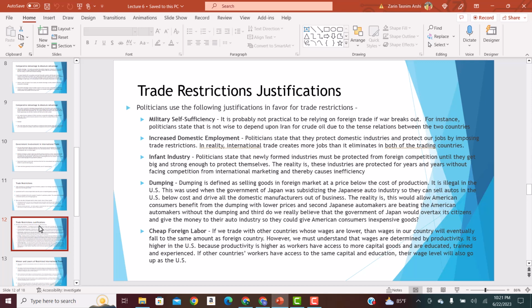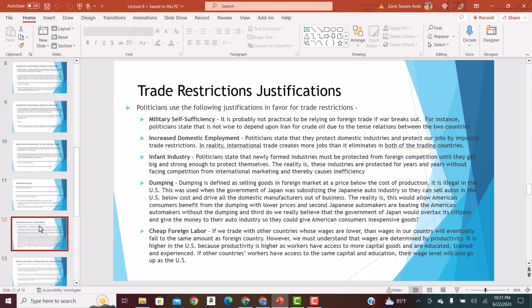The fourth reason for trade restriction is dumping. Dumping is defined as selling goods in the foreign market at a price below the cost of production. It is illegal in the US. Okay, so sometimes politicians will say, oh, hey, Japan is dumping goods in the US, meaning they are selling their goods lower than the cost of production in the US market to make more money or to capture market. But again, this is not true. Okay, this does not make sense because just think about it.